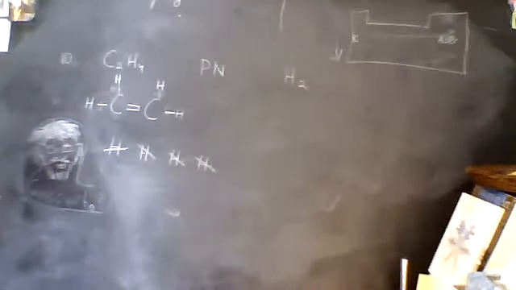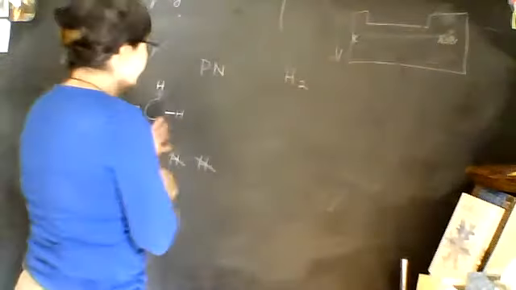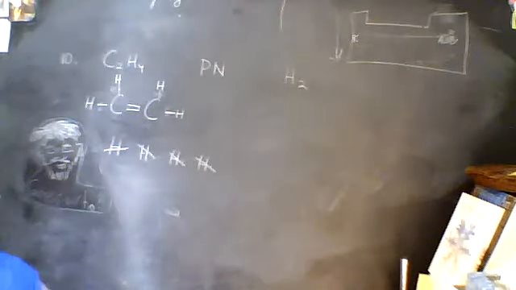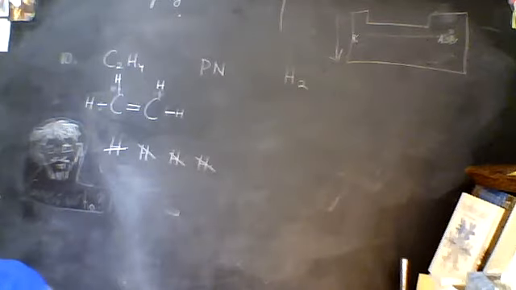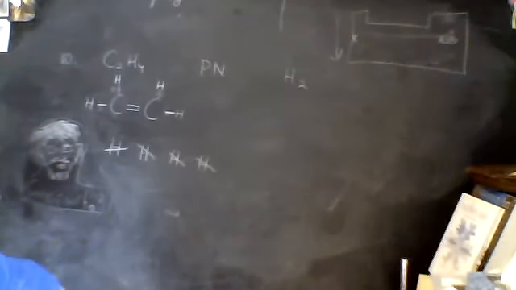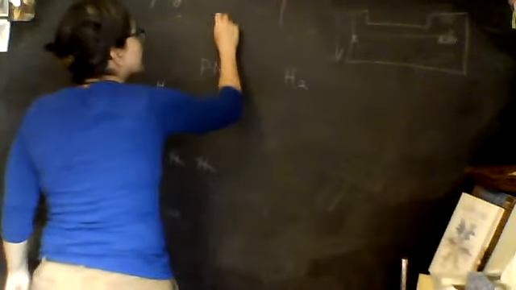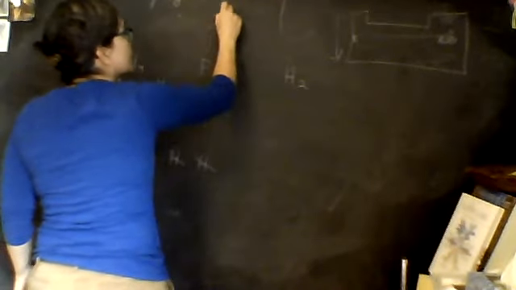Okay? Yeah. Now let's look at PN. P is 5A. 15. Thank you. Phosphorus. Right. That's 5A. 1, 2, 3, 4, 5. How about N?